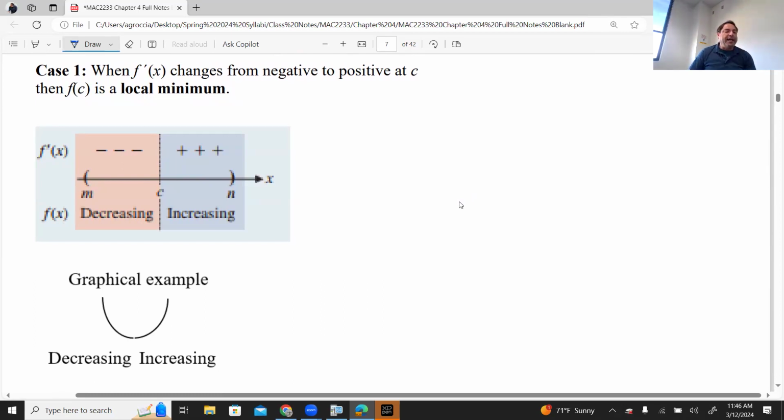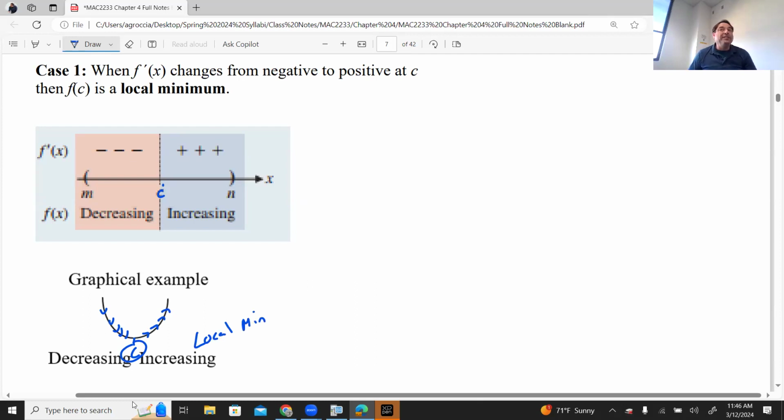But if you're looking at a particular point, let's call it C, how do you know if it's a max or a min? Well, if you look at the left of it and it's decreasing, then the right of it is increasing. Therefore, this must be a local min.